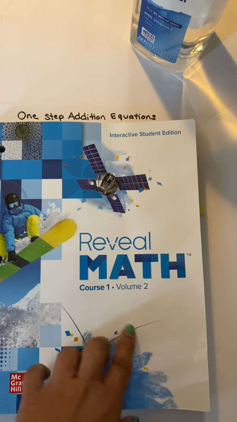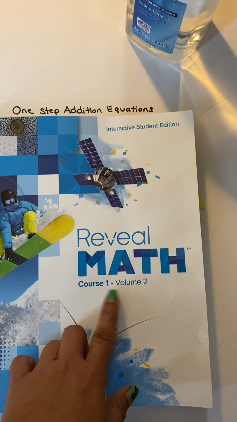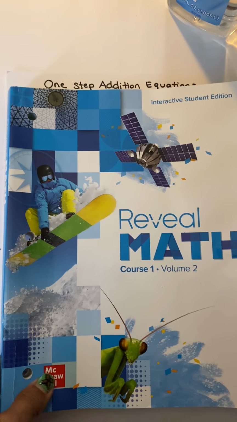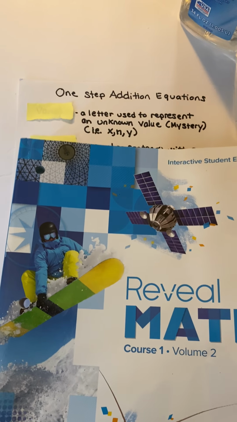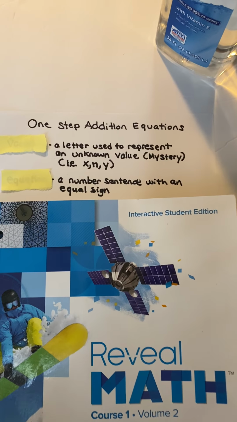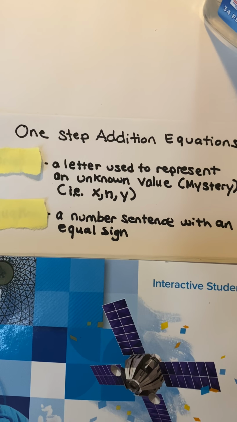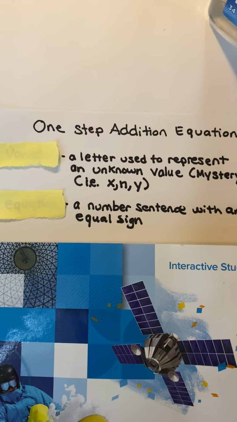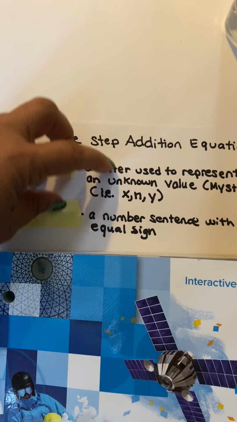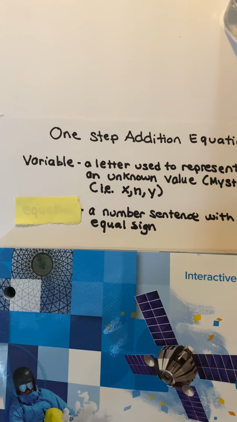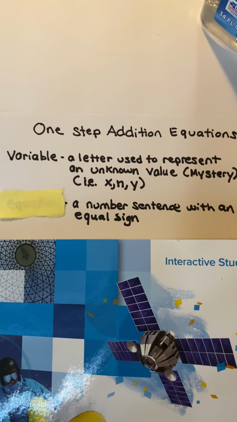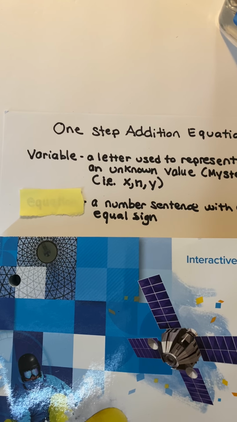So, continuing on in our Reveal Math Course 1, Volume 2, in Module 6, we are going to go over the vocabulary. And you remember, what is a letter used to represent an unknown value? Do you remember? It's a variable. And then what is a number sentence with an equal sign?